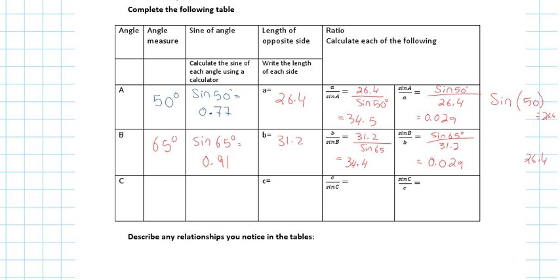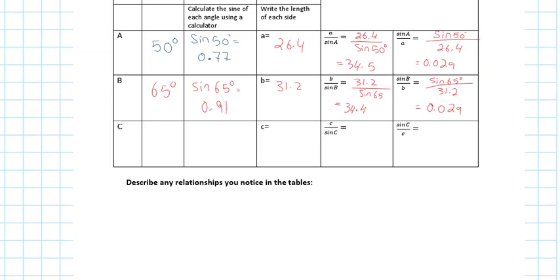Angle C, what was the measurement of it? The sine 65 is 0.91. Side C was 31.2. When I do 31.2 over sine 65, and when I do sine 65 over 31.2, I'm going to get 0.029.